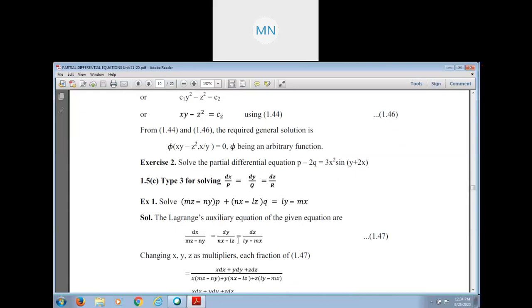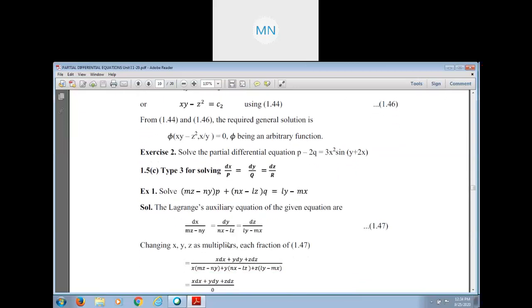Here see this type of equation. Here P is mz minus ny, and Q is nx minus lz, and R is ly minus mx.